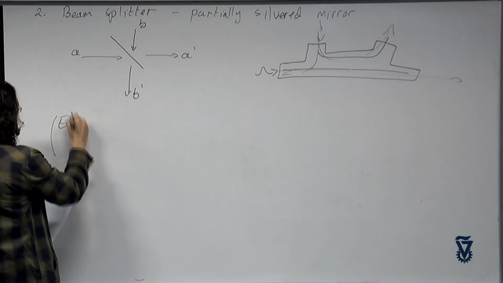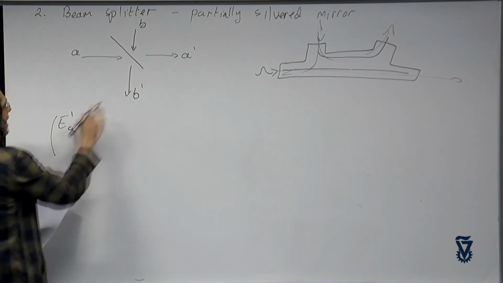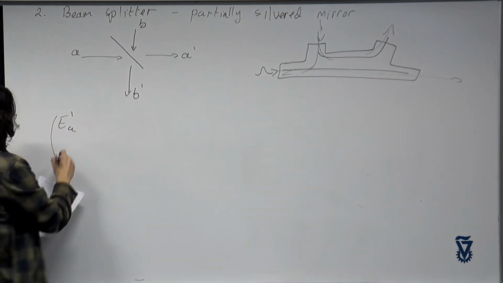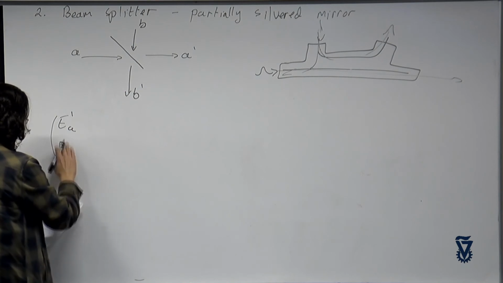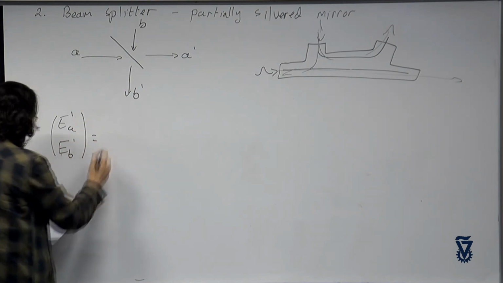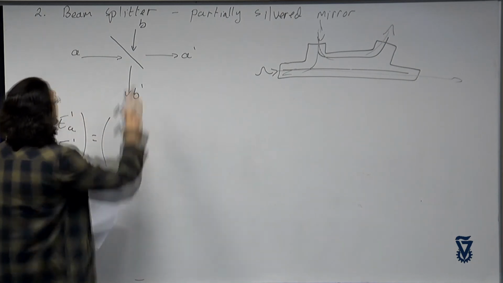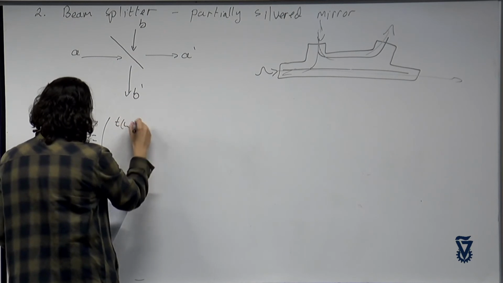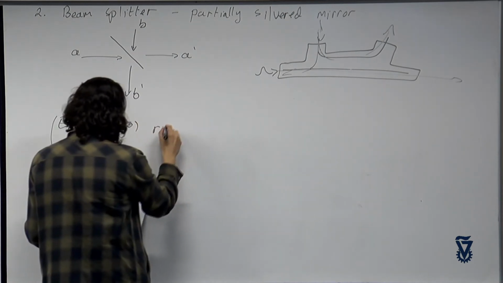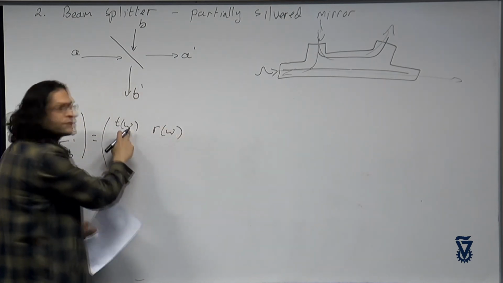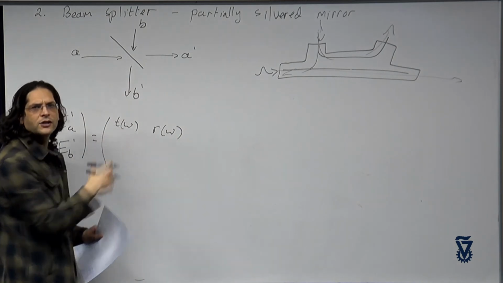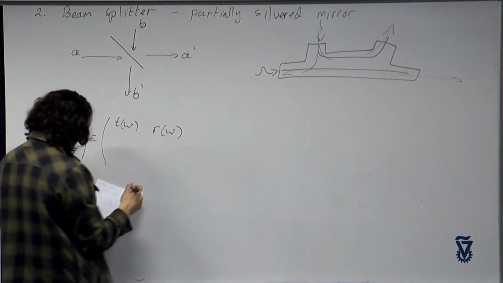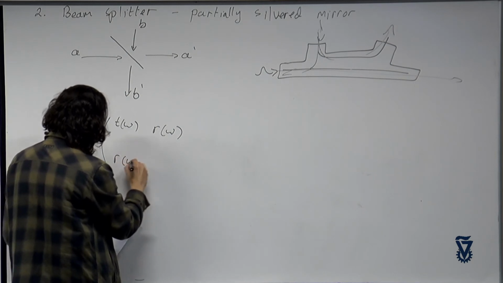And this thing can be described by a transfer matrix. So this is the electric field A prime, and this is the electric field B prime, and it's related to the incoming fields by the transmission coefficient and reflection coefficient as function of omega. So this is as function of the frequency. It can be different for different frequencies.